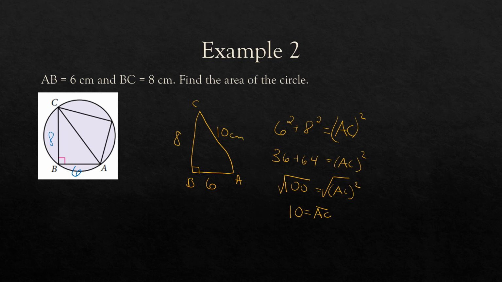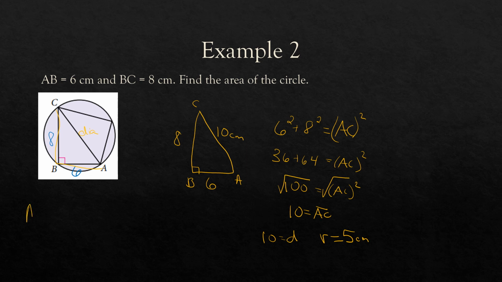How does that help me find the area of the circle? Well, triangle ABC is inscribed in the circle, and ABC is 90 degrees, so AC must be the diameter. If AC is 10, then my radius is half of that, or 5 centimeters.